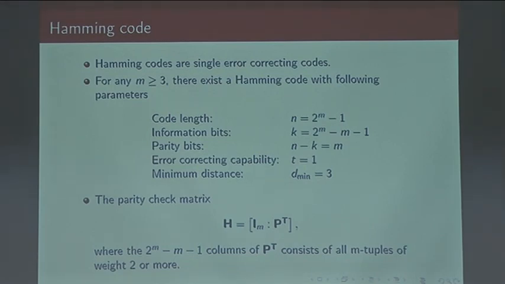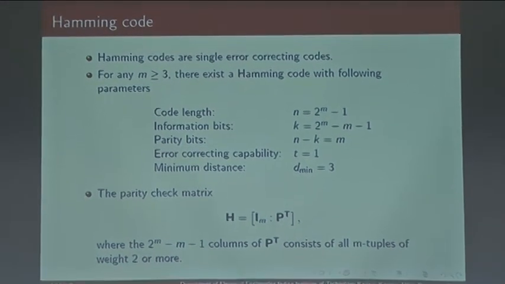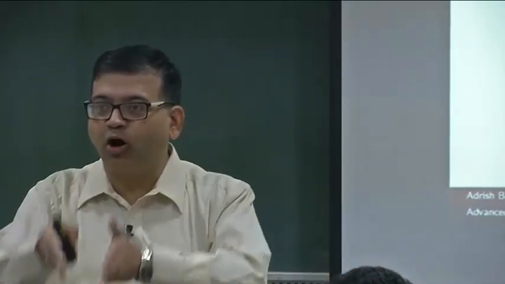These are nothing but all non-zero m tuples, because we need n columns, which is 2 raised to the power m minus 1. If you take all non-zero m tuples and put them as columns of this H matrix, that is your parity check matrix for the Hamming code.